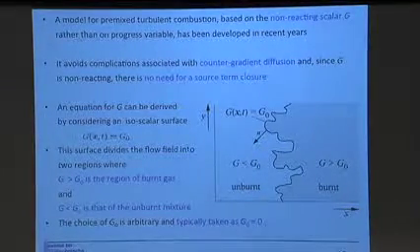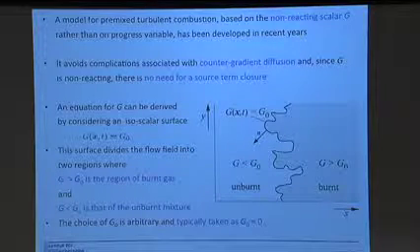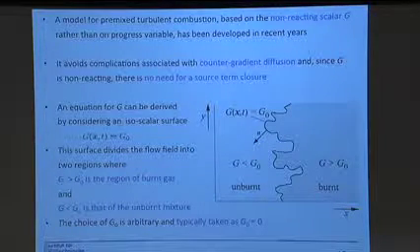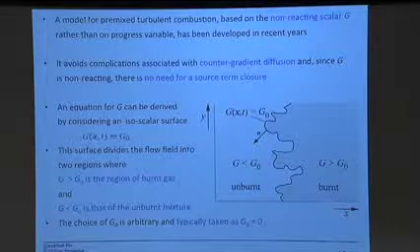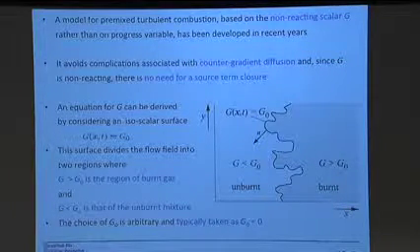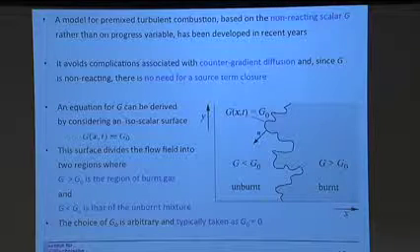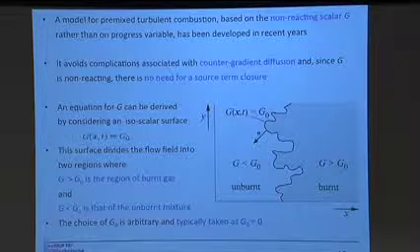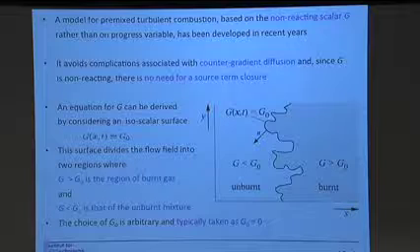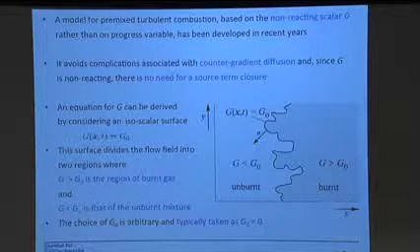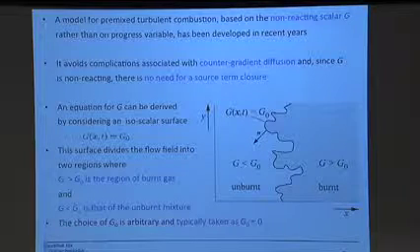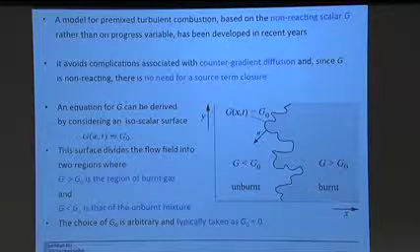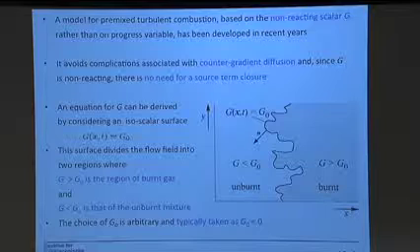There's a scalar G, and that scalar is just a scalar that's defined in space, and we define it such that it will be 0 or G naught, some value that you want to specify. We always use 0. So it's 0 at the point where the flame sits. It's smaller than 0 in the unburned, larger than 0 in the burned.